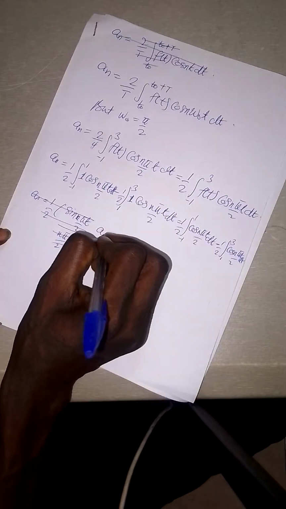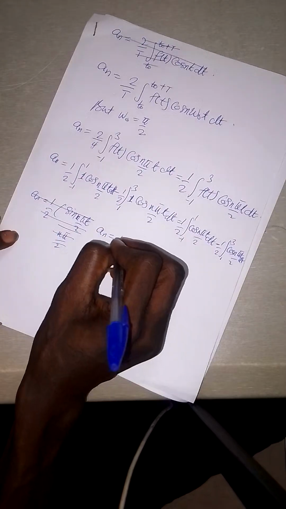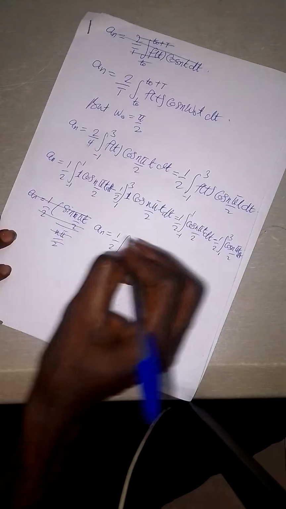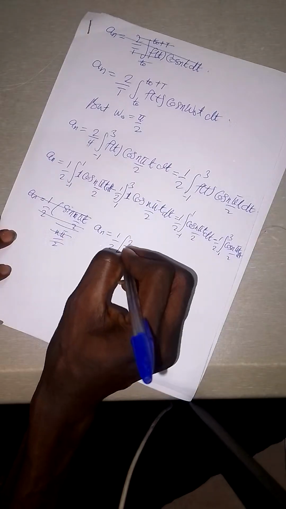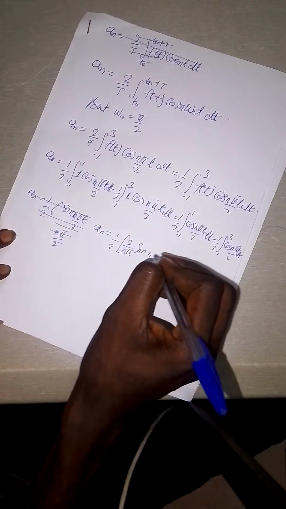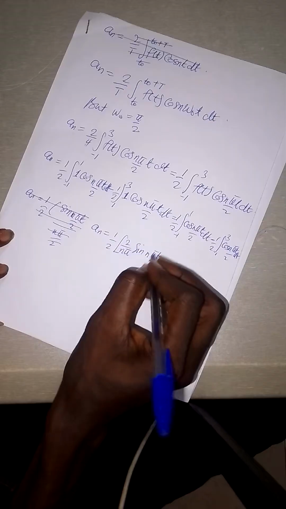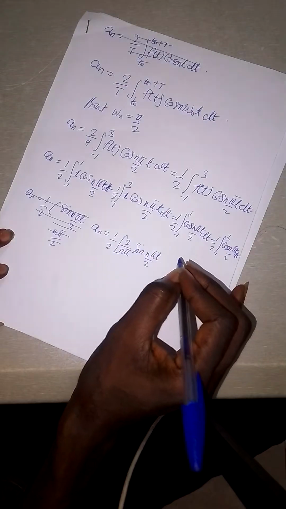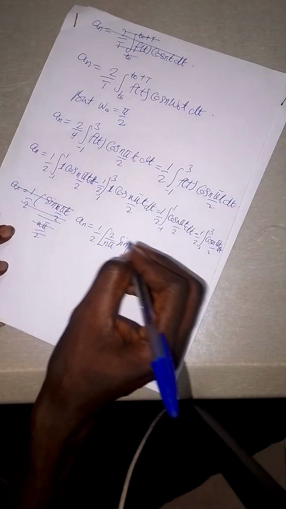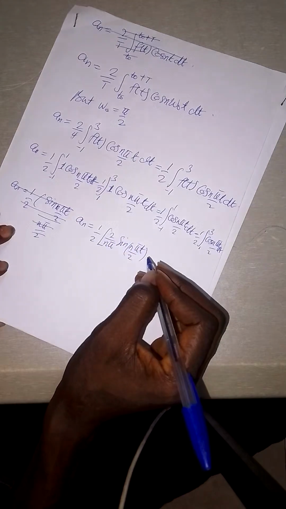So here, an is actually going to be 1 over 2 into 2 over n pi, since this n pi over 2 becomes 2 over n pi, sine n pi t over 2. This is what I'm going to get at this particular stage.